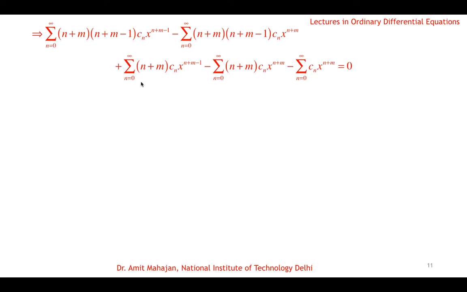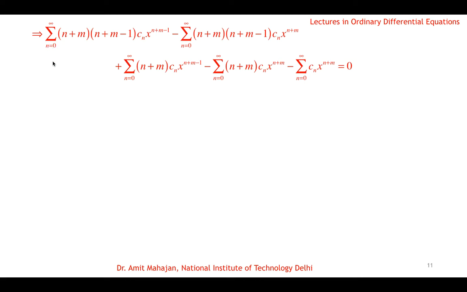Instead, I'm changing this power to n plus m minus 1, so that if I put n as n minus 1 here, it will be n plus m minus 1, with n starting from 1 to infinity. Similarly in all of these. Instead of changing these two, I am changing these three by putting n as n minus 1 in these three series.